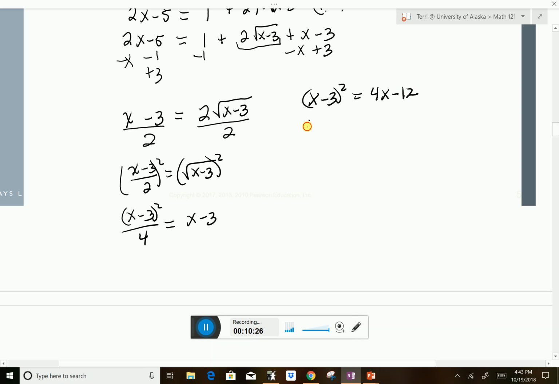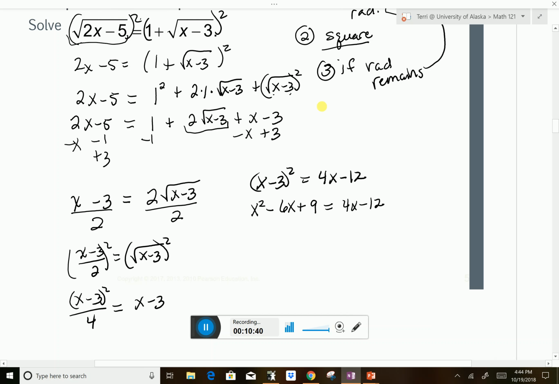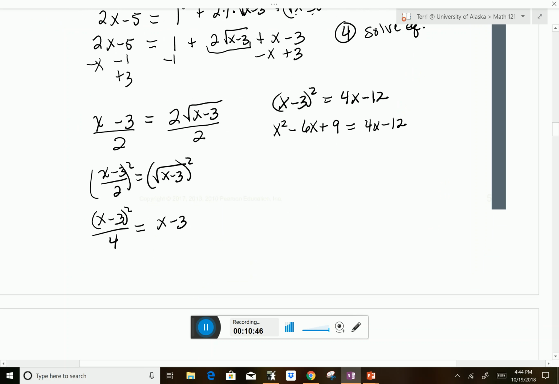So let's clean this up. x squared minus 2 times 3 times x plus 3 squared equals 4x minus 12. Again, we have a quadratic, so let's put everything on one side, 0 on the other. So x squared, we're subtracting 4x, we're adding 12.